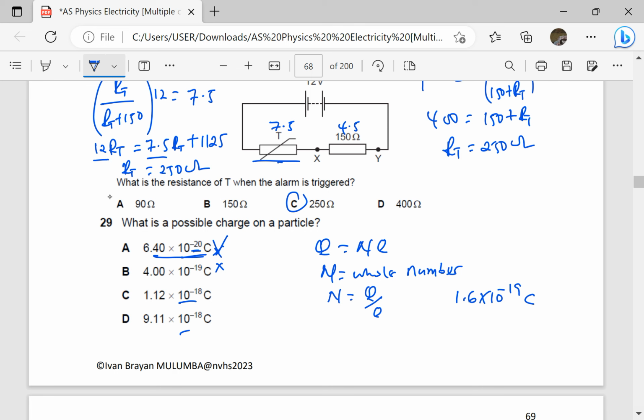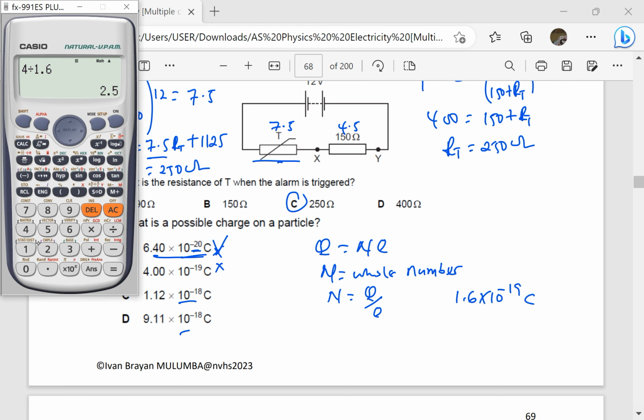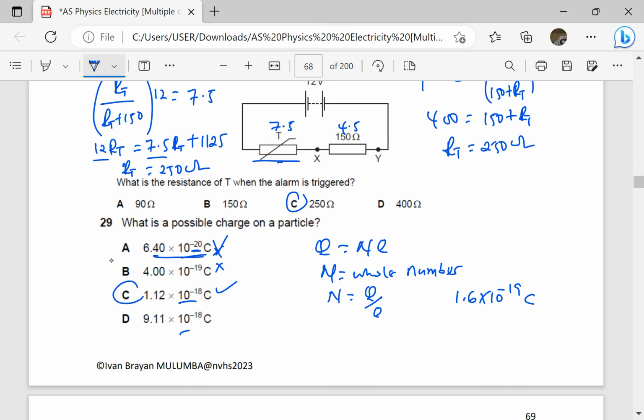Here the power is not the same, so I'll use the whole of it. 1.12 exponent negative 18 divided by 1.6 exponent negative 19 is 7. So this one is giving us a whole number, so the answer is this. You can also check 9.11, but I'm very certain it's only this which is going to give us a whole number for N.